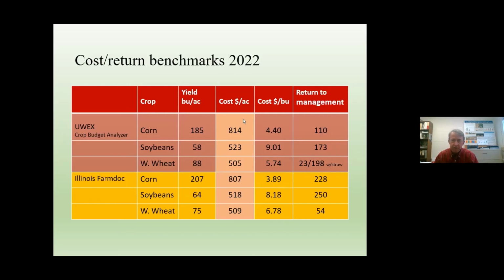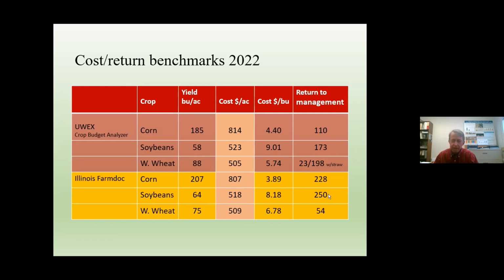And it was interesting when I compared my costs per acre to the cost per acre that the Illinois FarmDoc program was coming up with for the Northern Illinois region. They were very close, 814 versus 807 per acre on corn, 523 versus 518 per acre on soybeans, and 505 versus 509 on winter wheat.